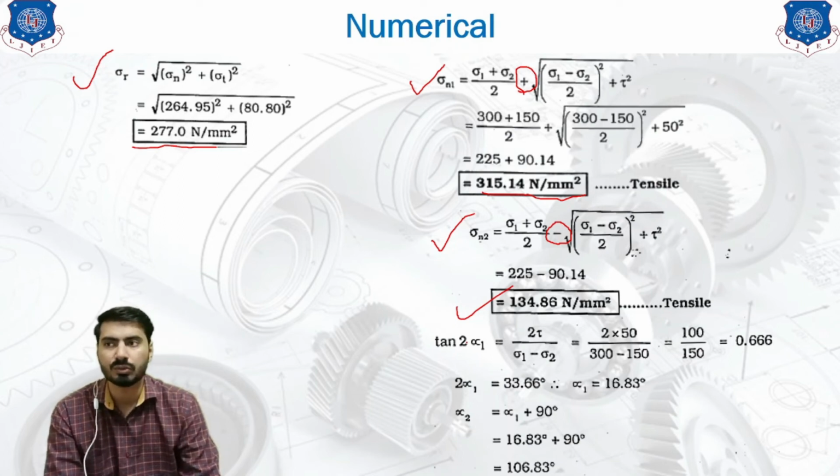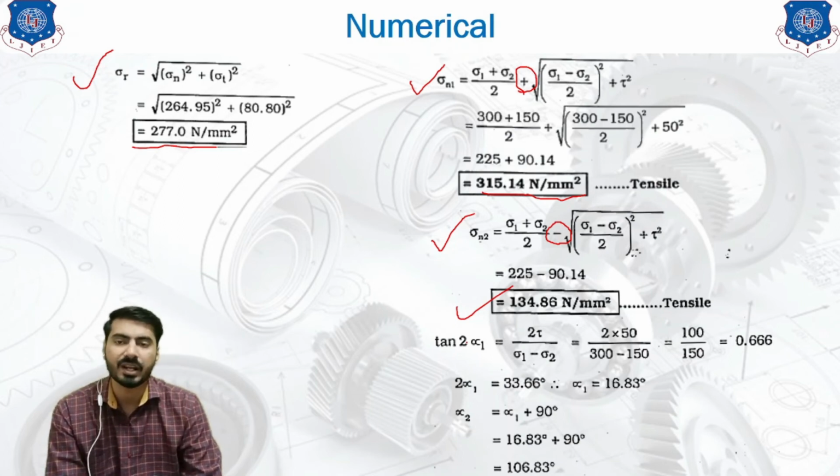In order to locate it, we need to find the angle of the principal plane. The angle can be calculated using the formula tan 2 alpha 1 or tan 2 theta 1. Based on different books, you can use the notation alpha 1 or theta 1. It equals 2 tau upon sigma 1 minus sigma 2.